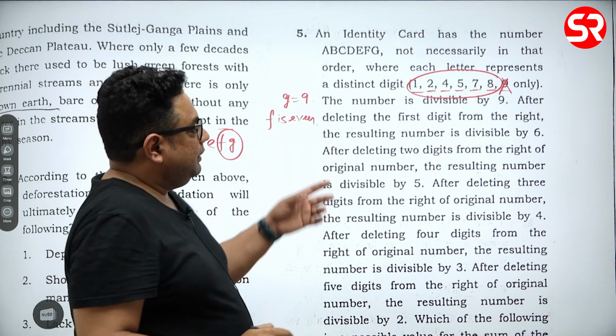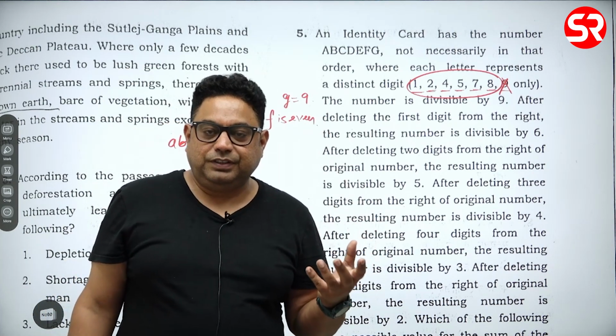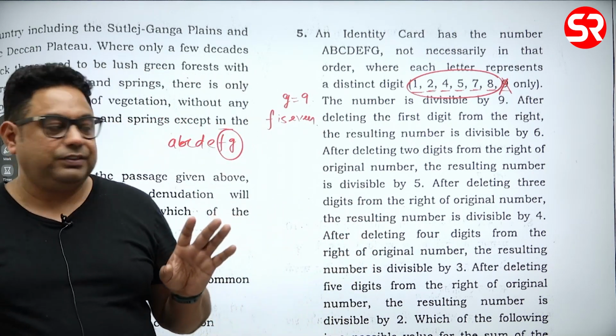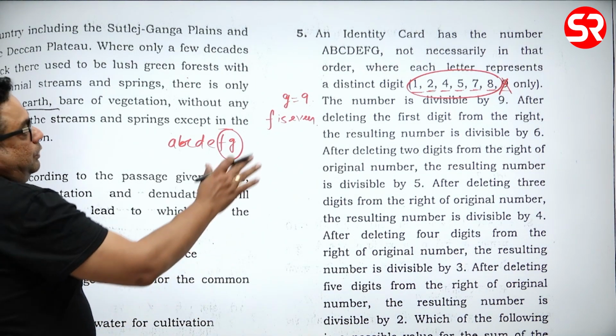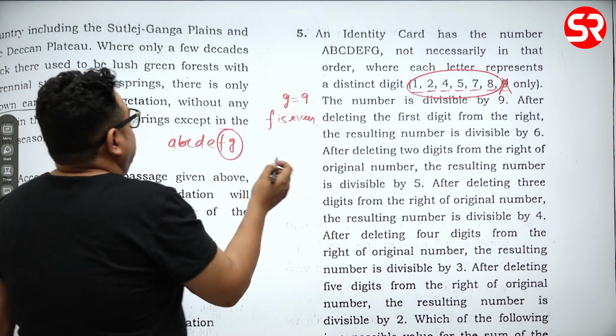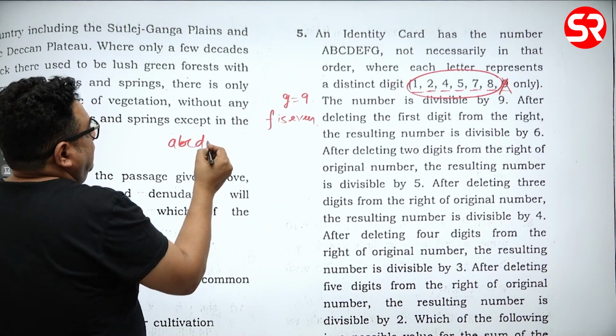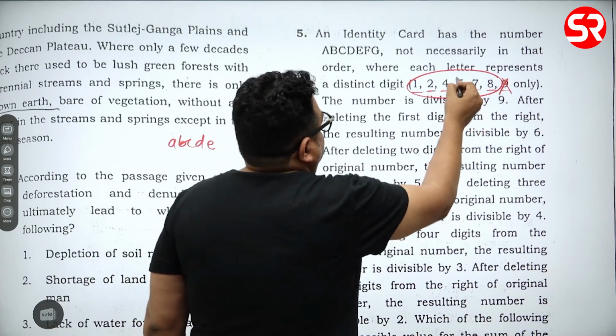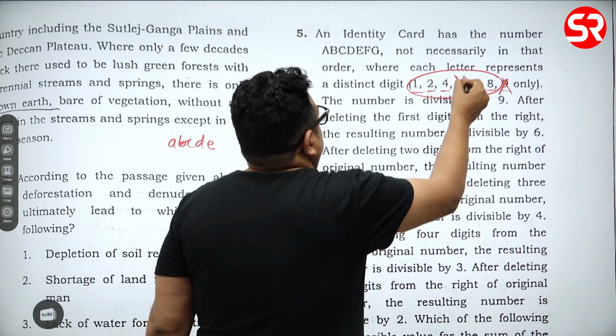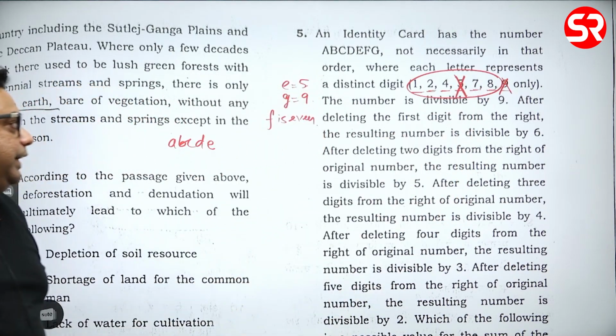Because when G was removed, the given number was a multiple of 2 and a multiple of 3. F is even. After deleting 2 digits on the right, the resulting number is divisible by 5. So there is only one multiple of 5. So definitely this is a multiple of 5. So E is equal to 5. So now 5 is also gone. Gone, dusted, gone. Right? F is even.